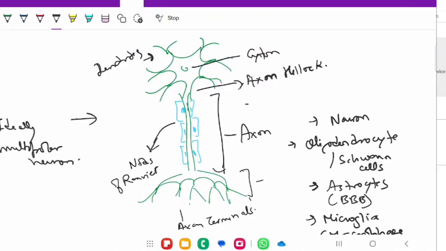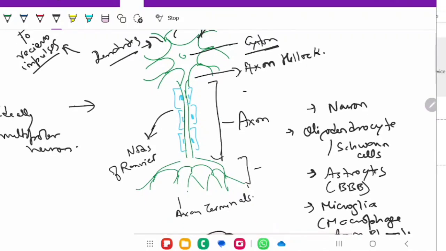Now, if you look at this diagram, this is the cell body of the neuron. These nerve endings are known as dendrites. What is the job of dendrites? To receive impulses. These are nodes of Ranvier.